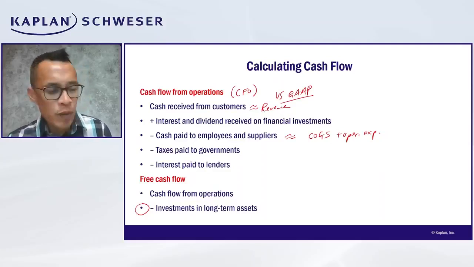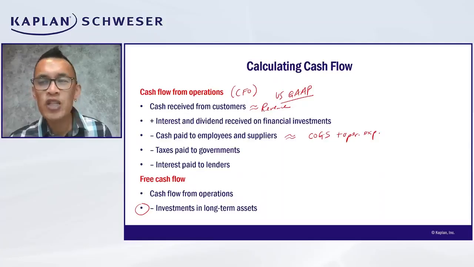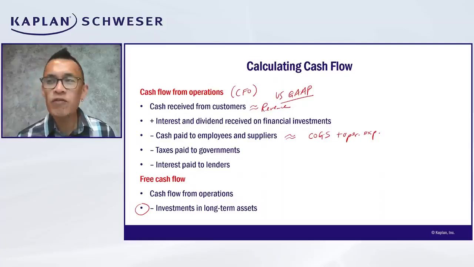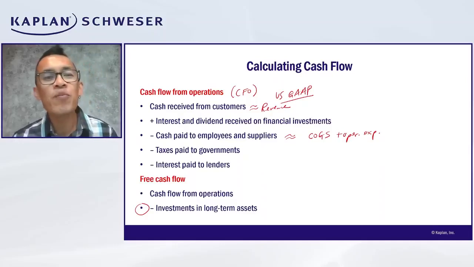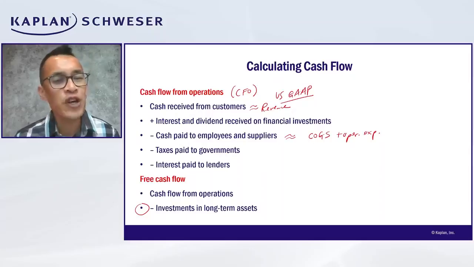Now, assuming this was a forecast into the future, historical depreciation expense with possible adjustments is often used as a proxy for investment in long-term assets, or the amount could be separately forecasted using the best available information possessed by management, for example.